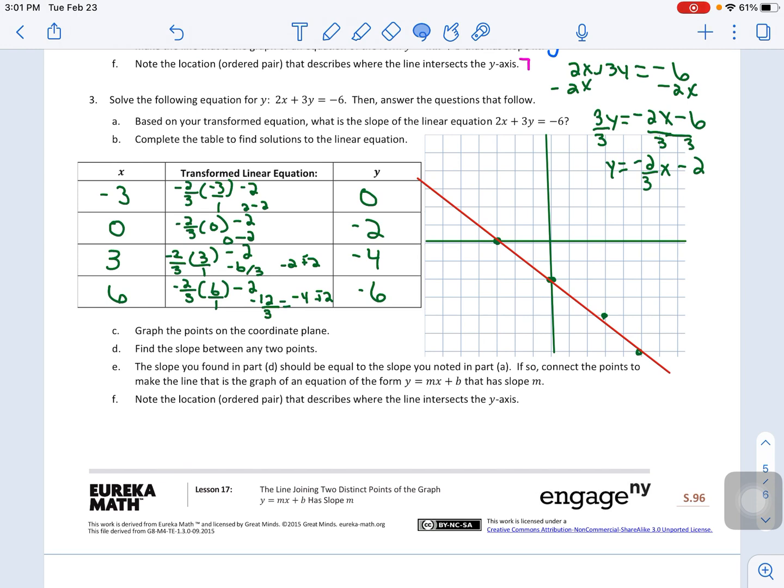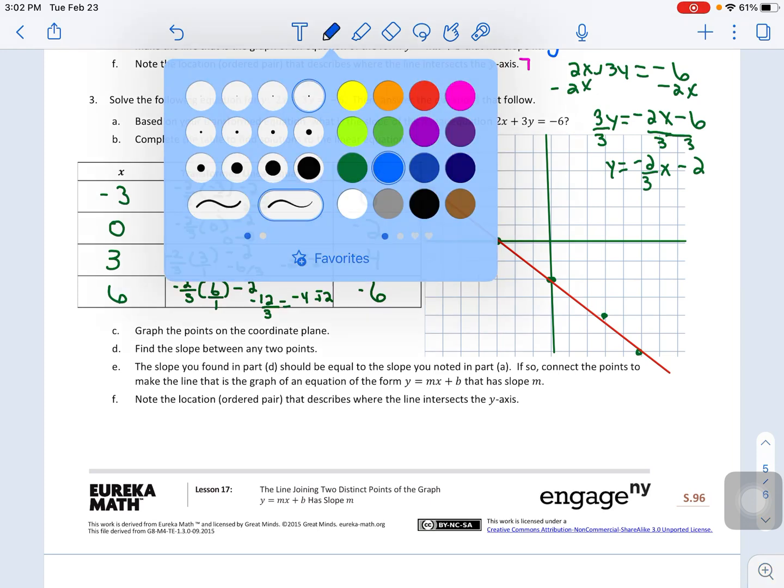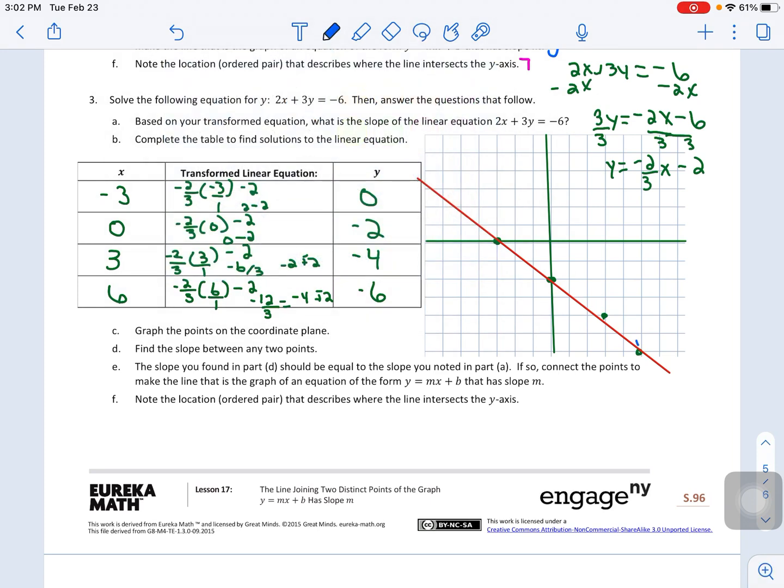So we did C. Now it says find the slope. Like we have in previous lessons, from one dot to the next, up 1, up 2, to the left, whoops, to the left, 1, 2, so negative, so that is a negative 1. I feel like I counted wrong, because that's not the same. Let's try a different one.